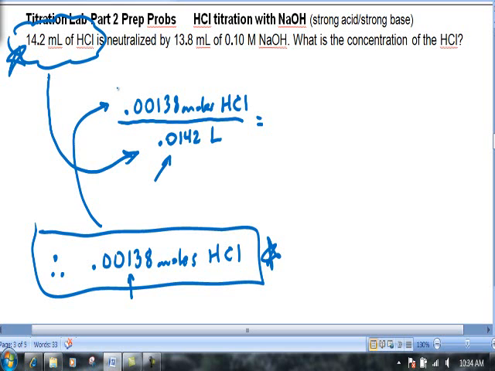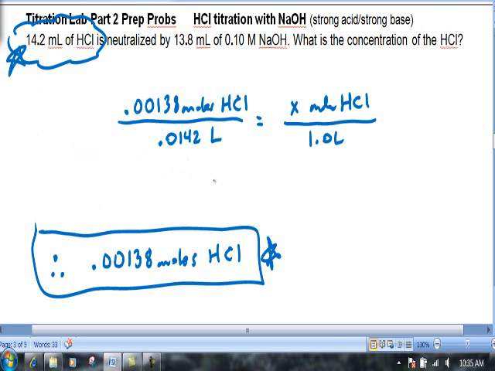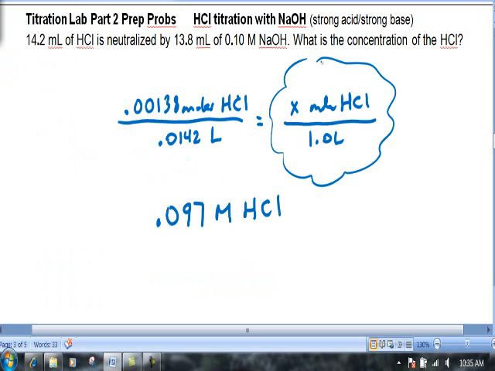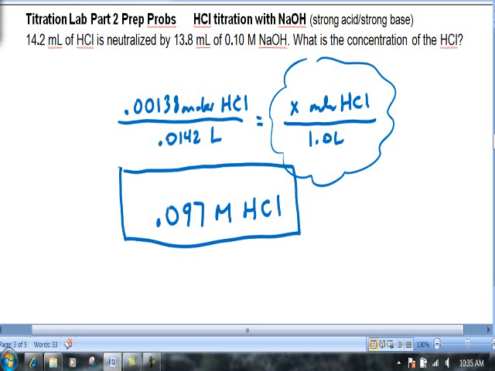If we know our moles and liters, we can solve for X moles of HCl per 1 liter, and once we have our information in terms of how many moles are present in 1 liter, that would be our concentration of the unknown HCl solution. Solving for X gives us, for this unknown solution of HCl, a concentration of 0.097 molar, or moles per liter.